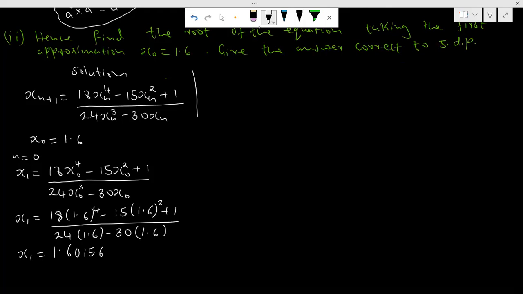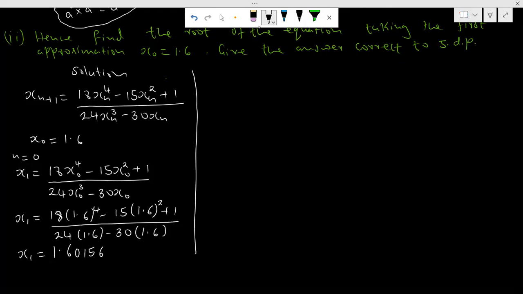Then now we go to our x2. Remember, we cannot conclude at x1 because x1 is the first approximation that you have obtained from x0. So we need to check x2.